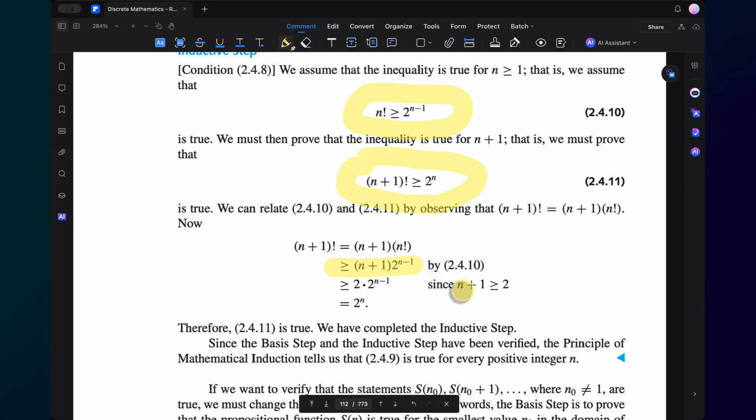Since n plus 1 is greater than or equal to 2, remember n is assumed to be greater than or equal to 1, then we can replace this n plus 1 by the smaller number 2 and preserve the sense of the inequality. Just doing the calculation there, we get 2 to the n, and therefore that completes the proof.